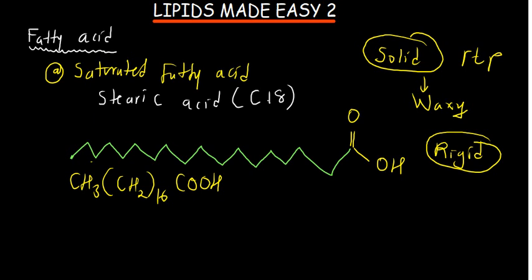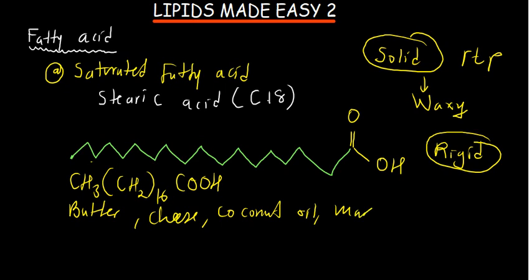Examples of saturated fatty acids, apart from stearic acid, you can think of butter, cheese, coconut oil, and margarine. Coconut oil obviously should be solid at room temperature.